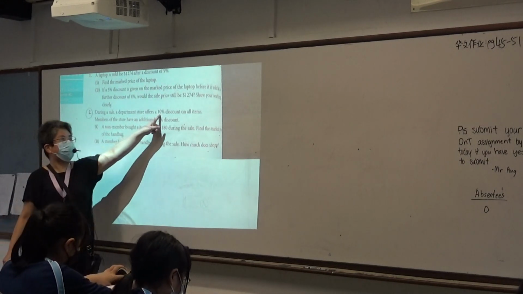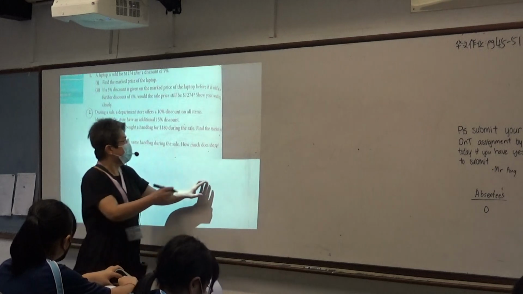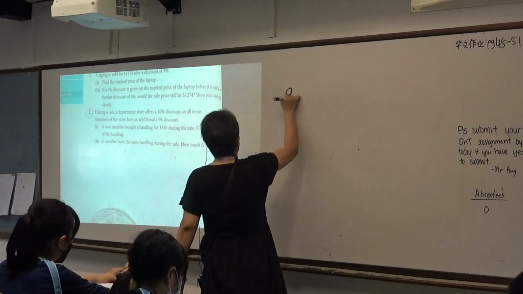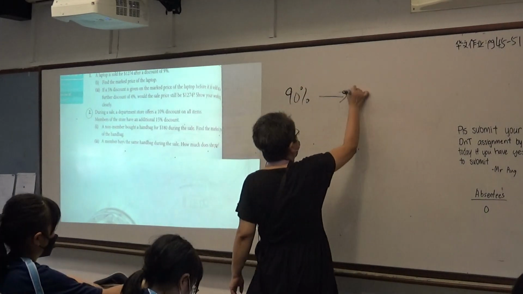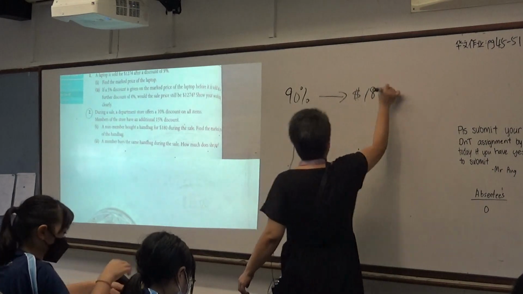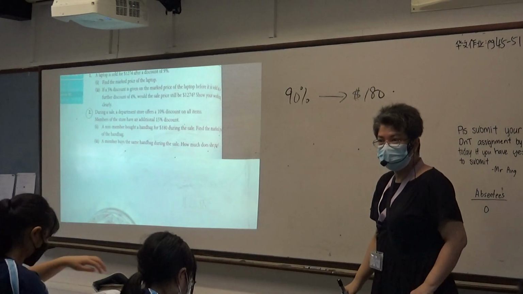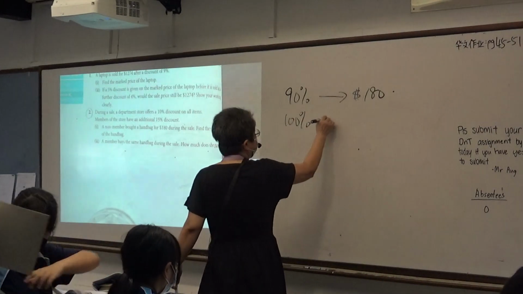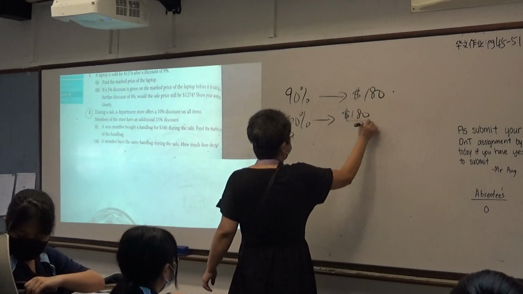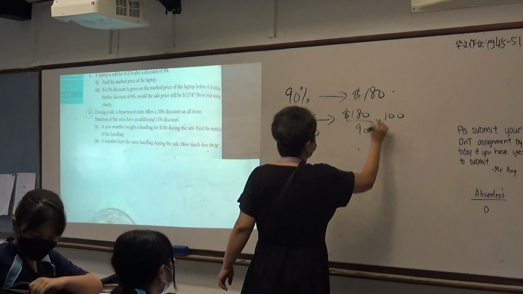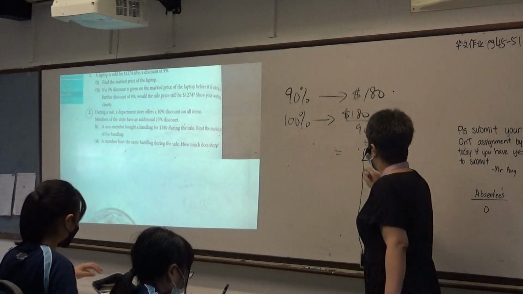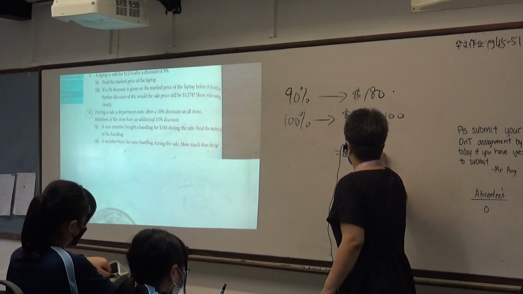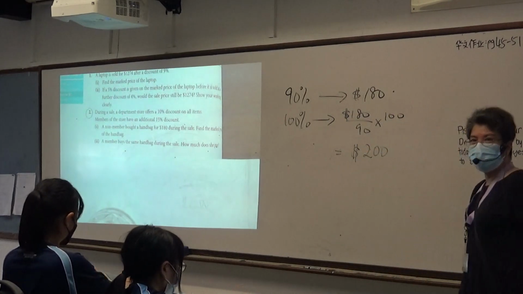Non-member only have how many percent? 10%. So, do you agree that 90% corresponds to $180? Correct? So, 100% will be 180 over 90 times 100. So, how much is the mark price of the handbag? Do you agree it's $200?